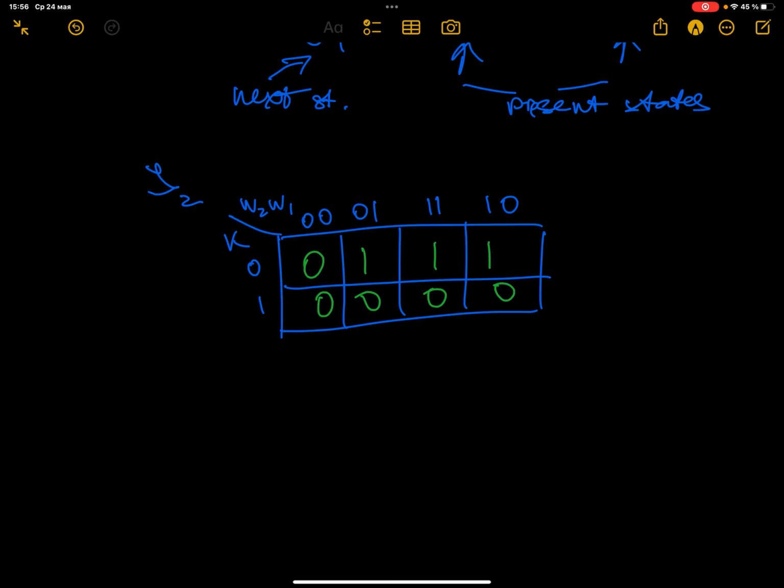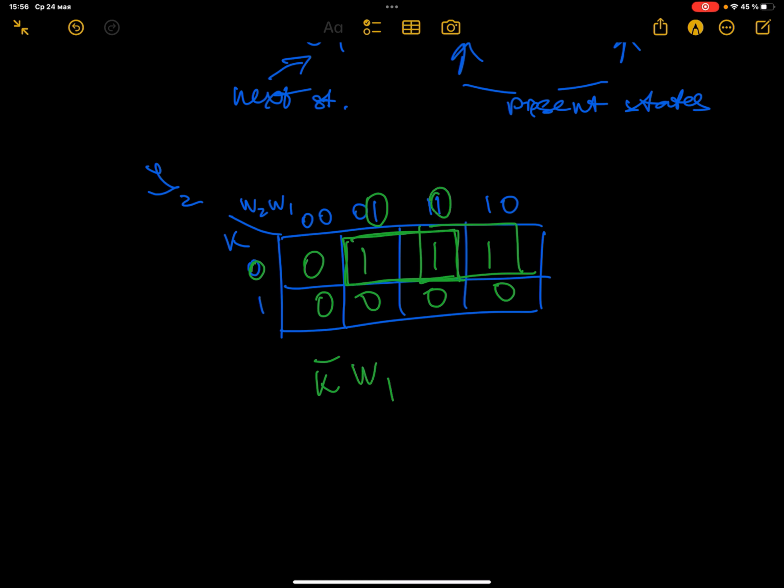The number of cells must be a power of 2. I can take this 2 and this 2. If I take first this 2, it's going to be K bar, because this is 0, and as you can see, W1 is the same for both cells.